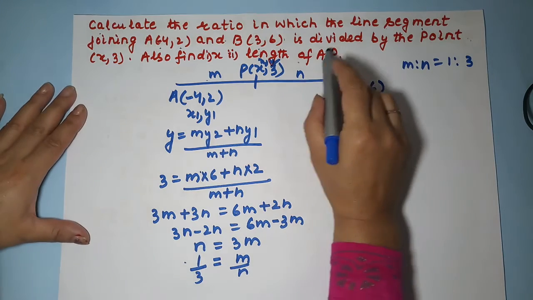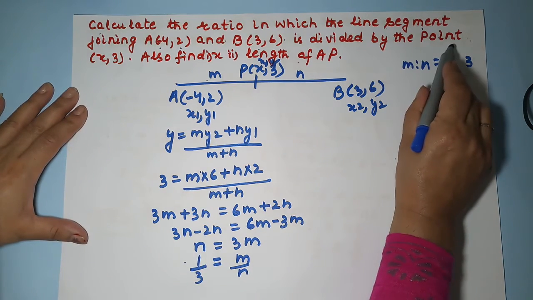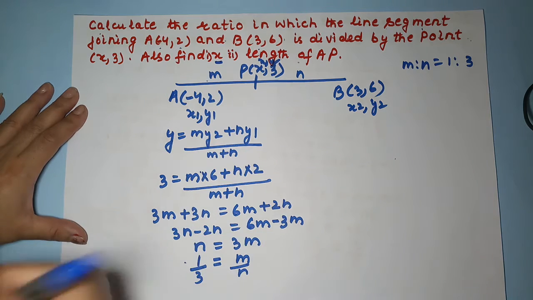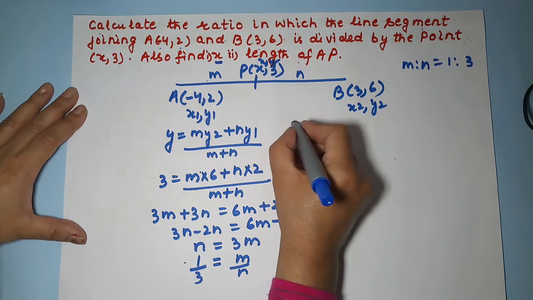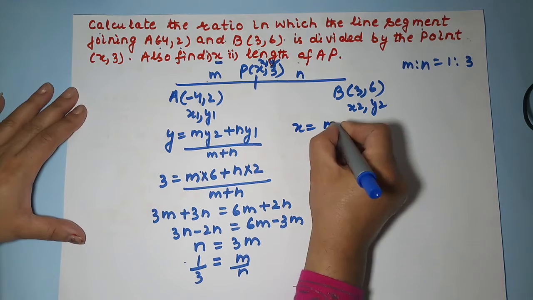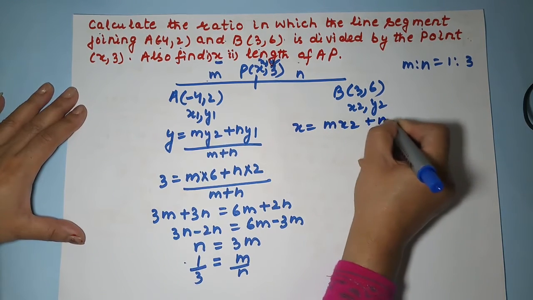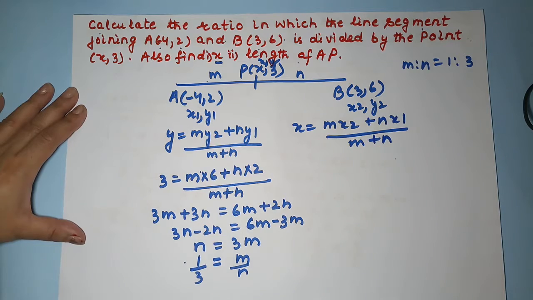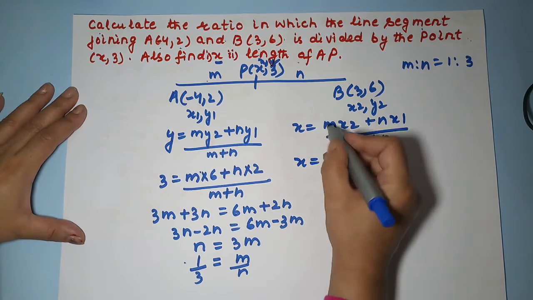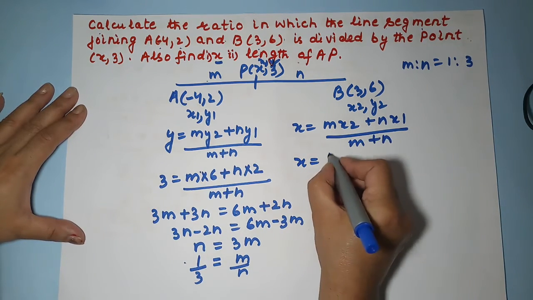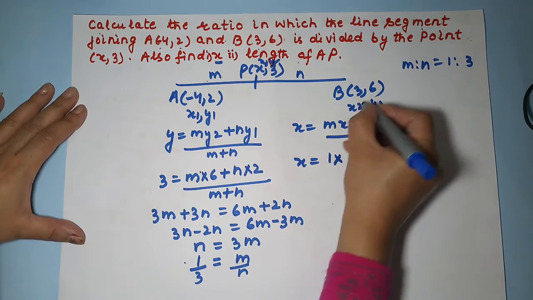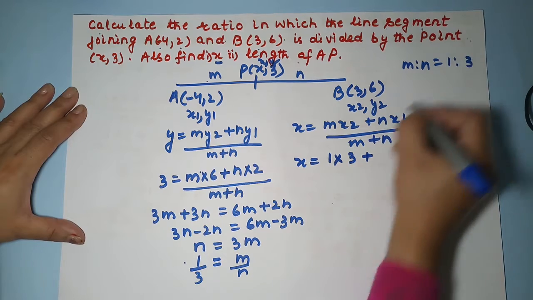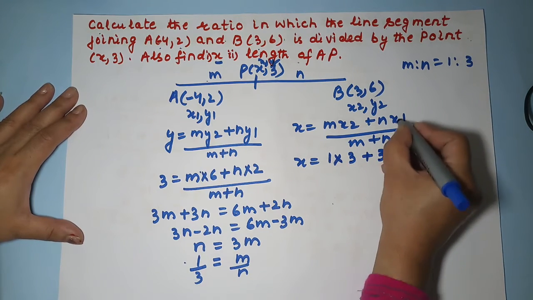Now the second thing, he wants me to calculate the x. Find this point x. Now simple. I can use the x coordinate formula, which is (mx2 plus nx1) upon (m plus n). Right? So my x is, now I have m as 1. What is my x2? This is my x2, 3, plus n is 3 into x1.